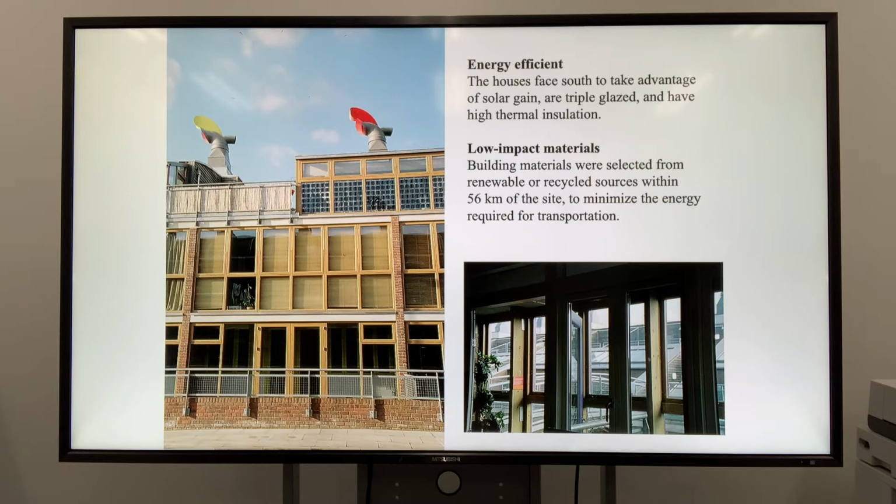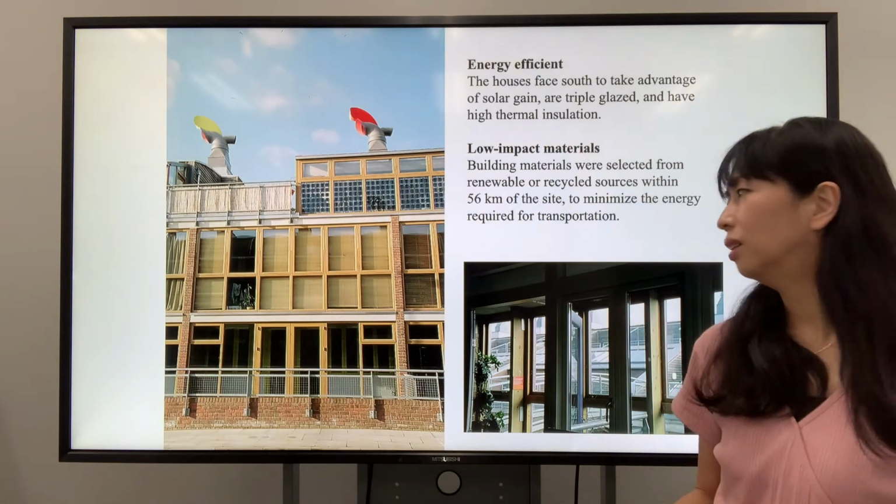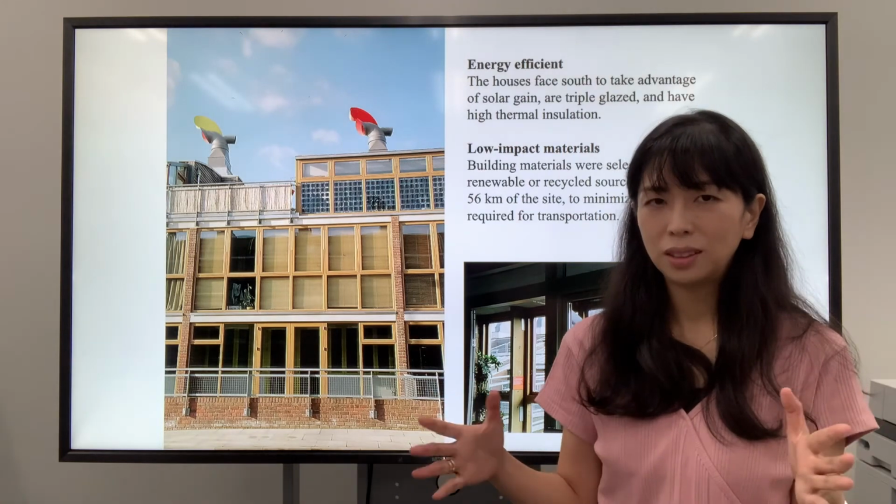The glasses are triple glazed with high thermal insulation. They are also using low impact materials. Therefore, the building materials are selected from renewable or recycled sources within 56 kilometers of the site to minimize the energy required for transportation. As I mentioned, the ideal city is 60 kilometers in size.